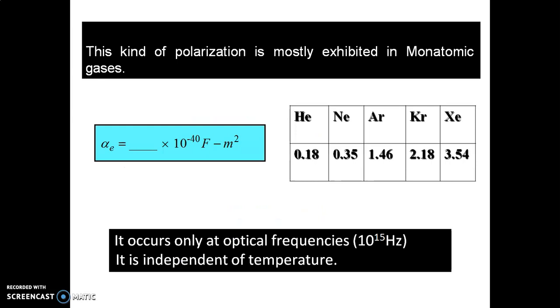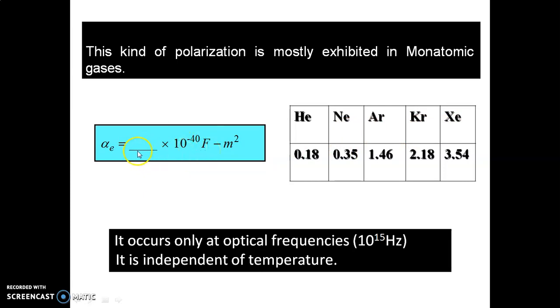Now this kind of polarization occurs in what kind of materials? Particularly you have to consider monoatomic gases, like helium, neon, argon, krypton, xenon, etc. The value is normally in the order of 10 to the power of minus 40 farad meter square.